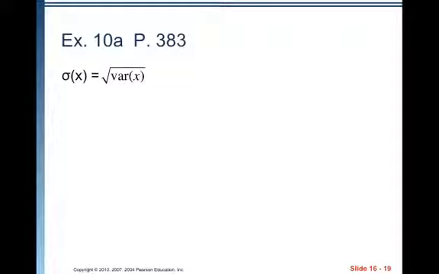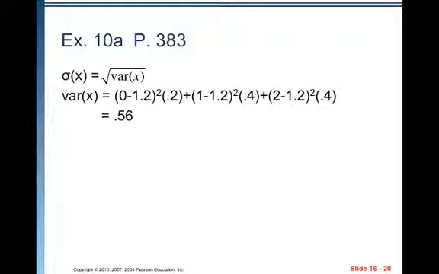Okay? For 10a on page 383, we're supposed to find the standard deviation of the random variable. So sigma of x is equal to the square root of the variance of x. Variance of x is each value of x minus mu squared times the probability of x.